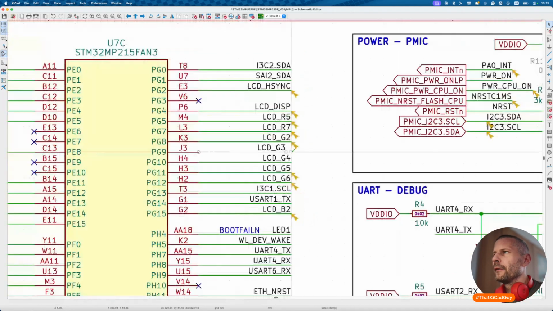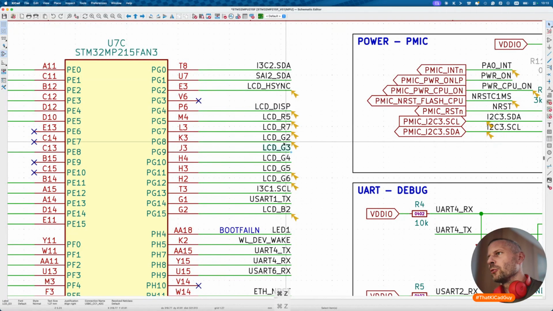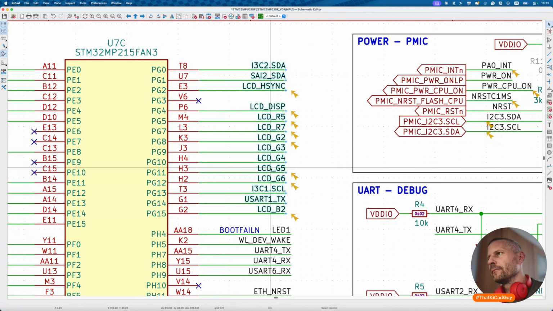Okay, so I have to delete all the nets. I have to select the labels, I have to move them, and I have to delete all the nets, which is not possible to do.